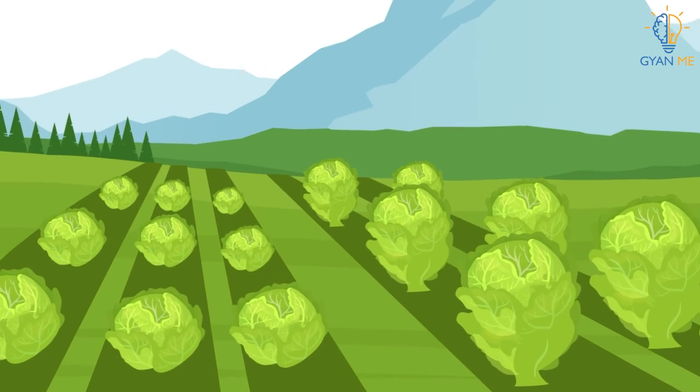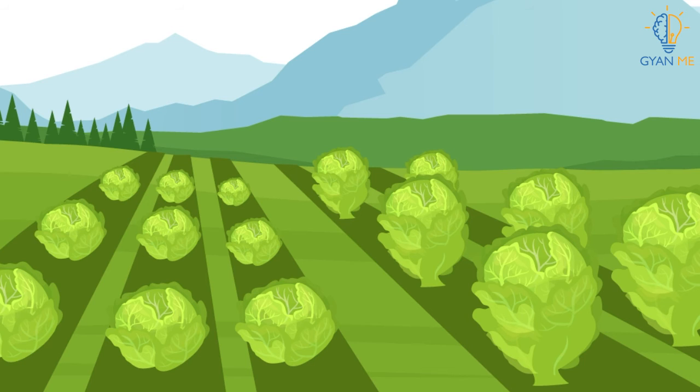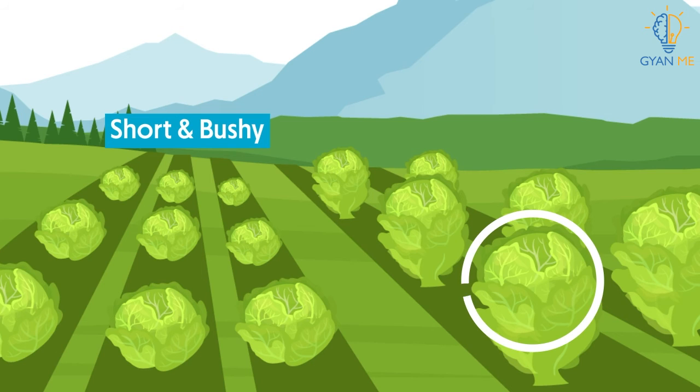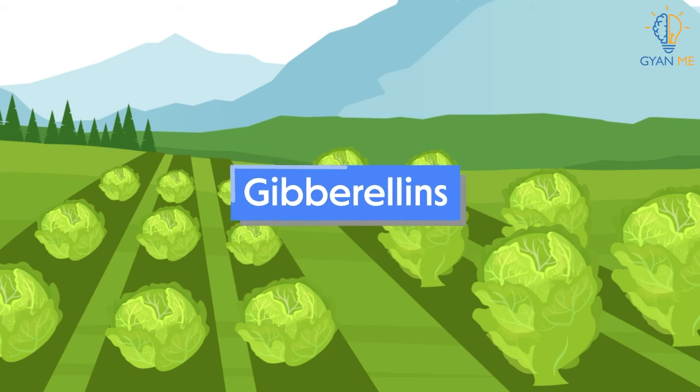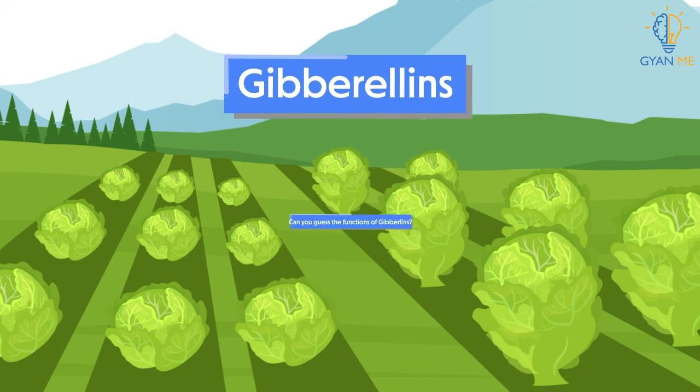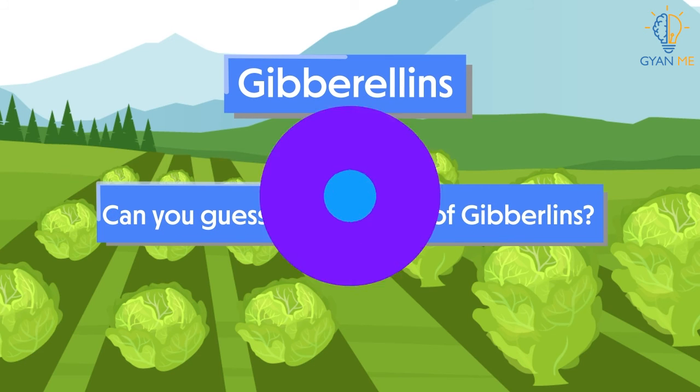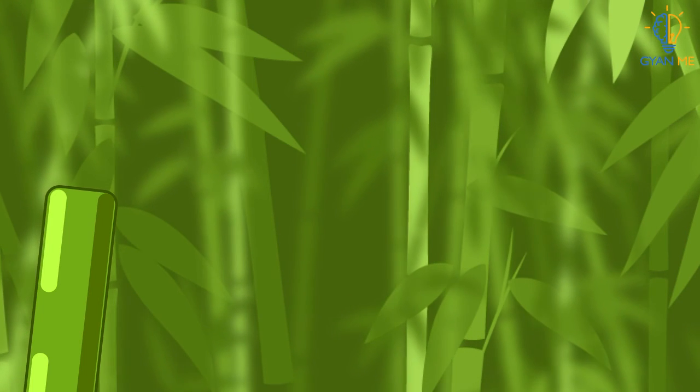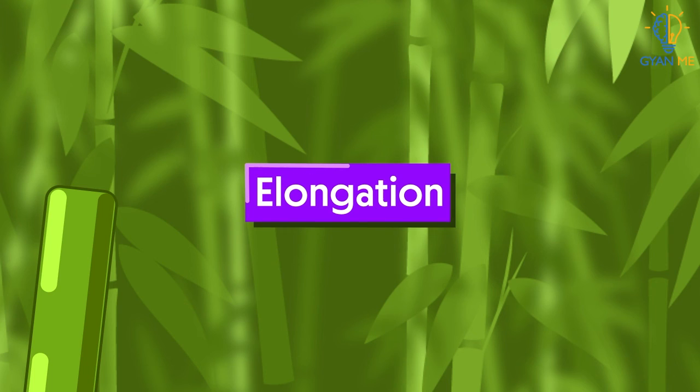Now look at these two cabbage plants. Cabbage plants are supposed to be short and bushy, aren't they? Then why is this cabbage plant so tall? It's because this cabbage plant was injected with gibberellins. So now can you guess the function of gibberellins? Yes, one of its important functions is elongation.